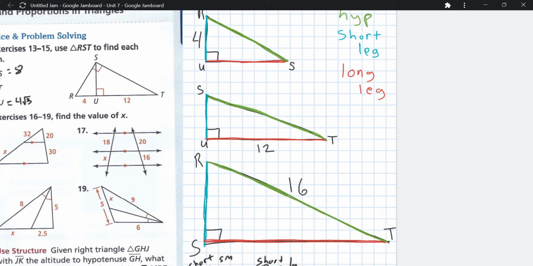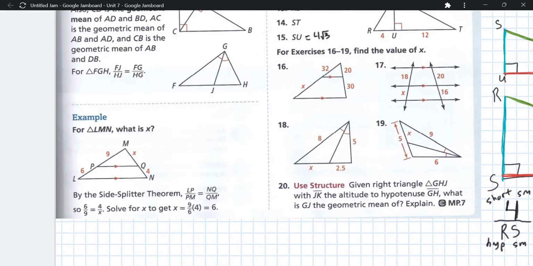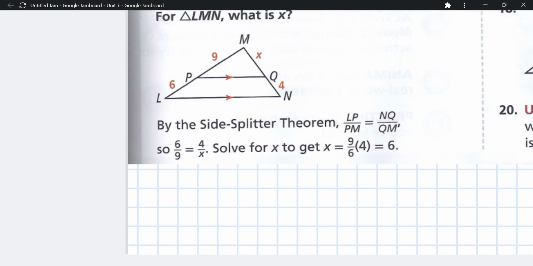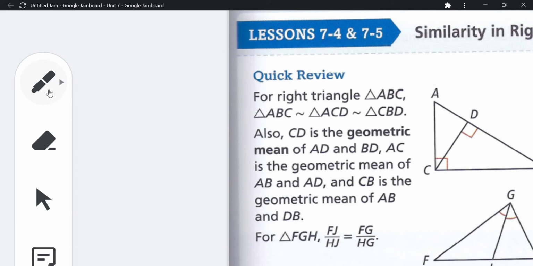So I can probably make a proportion real quick. I can say that this hypotenuse is to this long side of the medium as this hypotenuse is to the long side of the medium. And let's do that real quick. I'm going to work that out over here.